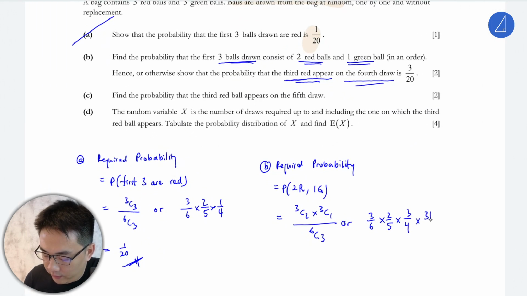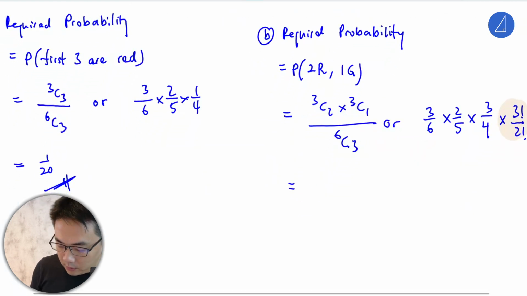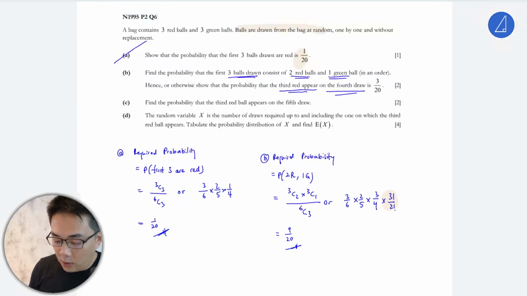Remember to multiply by 3 factorial over 2 factorial, because this is the number of ways which you could arrange RRG. The answer is 9 over 20. Great.